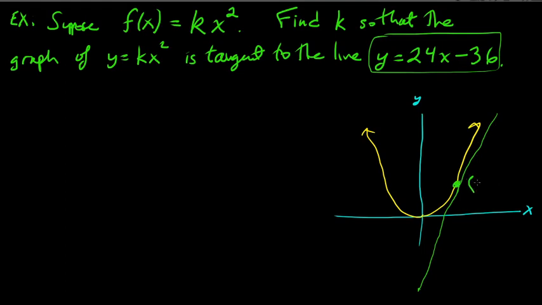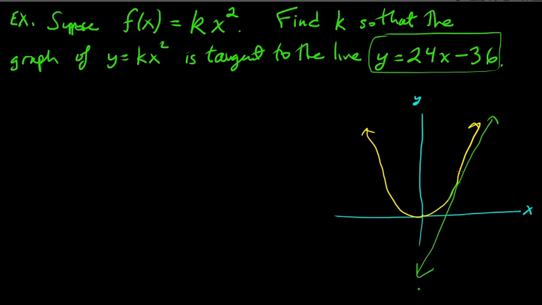So what do we need? Well, we need to know where that point is. We need the x and the y. I guess we don't need them, but it would help to know where the parabola and the tangent line intersect. I know they don't look like they intersect, so let's do a slightly better job here, just touching the graph.